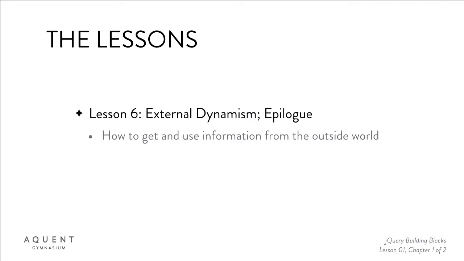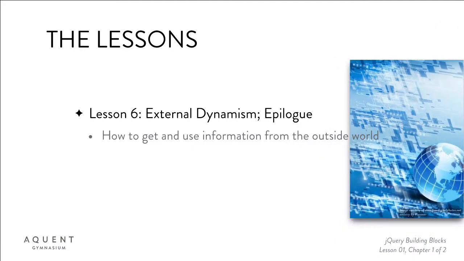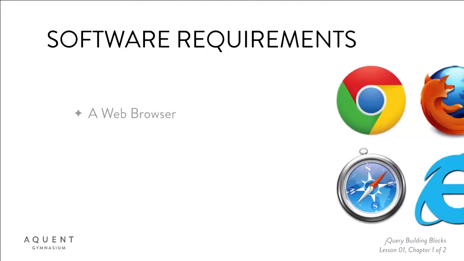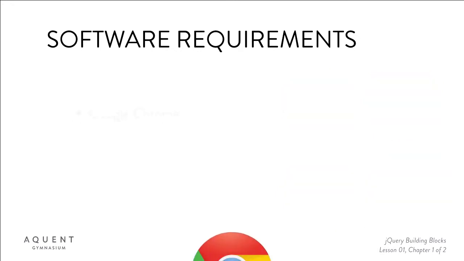The internet is just a vast world of information, right? That's the whole point. And a lot of that information is structured in such a way that you can pull it into your web page and use it any way you want to. And once you've got a handle on updating your page on the fly, just a whole other world of dynamism becomes available to you.